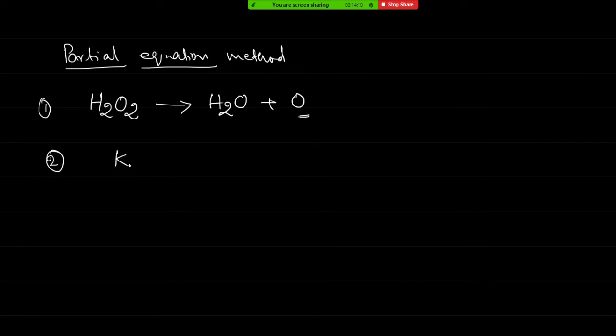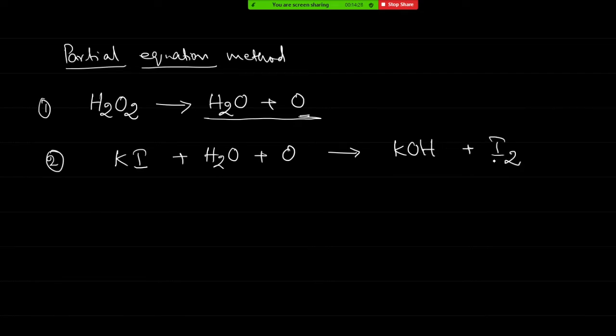So potassium iodide reacts with water and nascent oxygen to give rise to potassium hydroxide, and it will release the iodine. So in two steps this reaction is taking place.